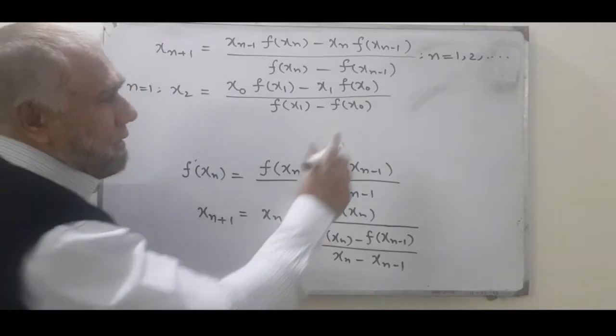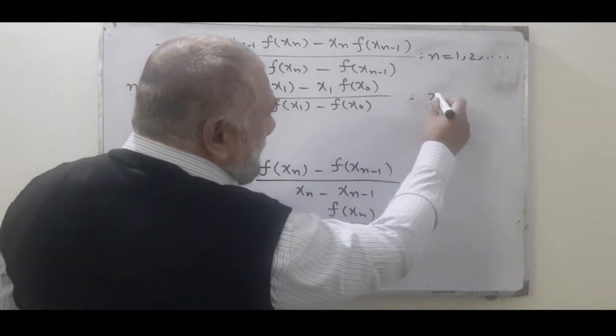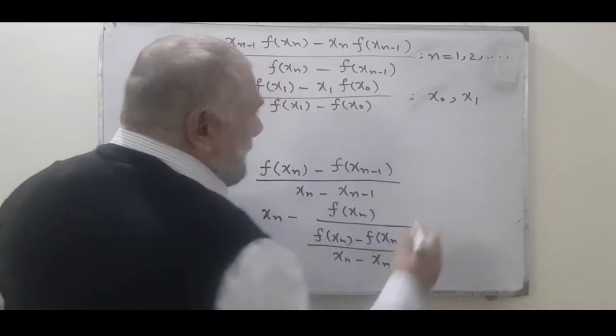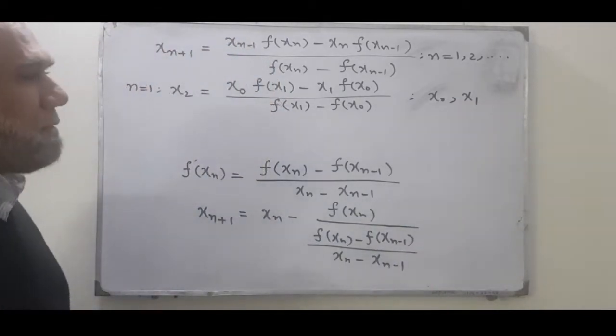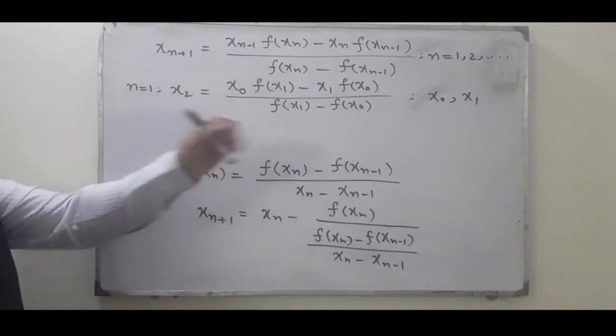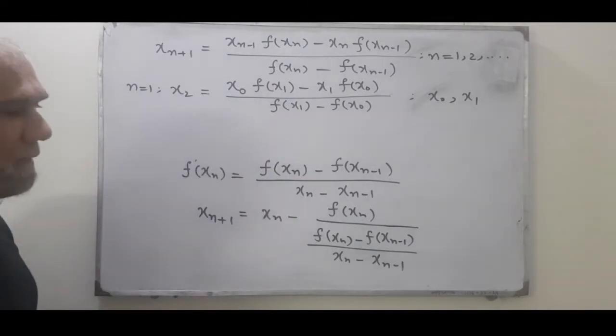That is why we assumed initially that there exist two initial starting guesses in order to proceed with this particular method.